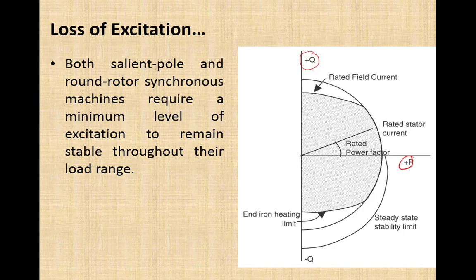It means if the operating point of the generator is on the right side of this plane, the generator is operating in generating mode, and if the operating point moves to the left side of this plane, the generator is operating in motoring condition, which is known as motoring of the generator.